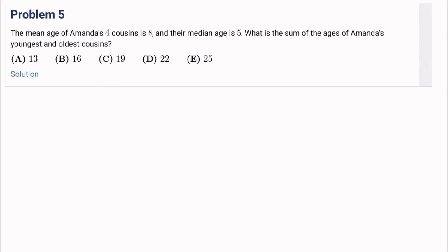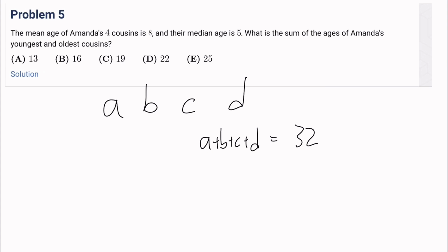Number 5, the mean age of Amanda's 4 cousins is 8 and their median age is 5. What is the sum of the ages of Amanda's youngest and oldest cousins? Okay, so let's say that the ages of Amanda's cousins are A, B, C, and D, and since their mean is 8, A plus B plus C plus D equals 4 times 8, 32. And the median age is 5, but since this is an even amount of ages, the median is the average of the middle two.